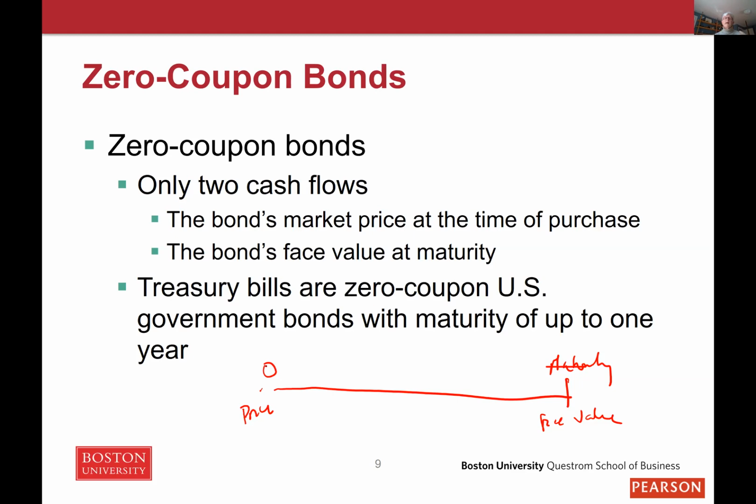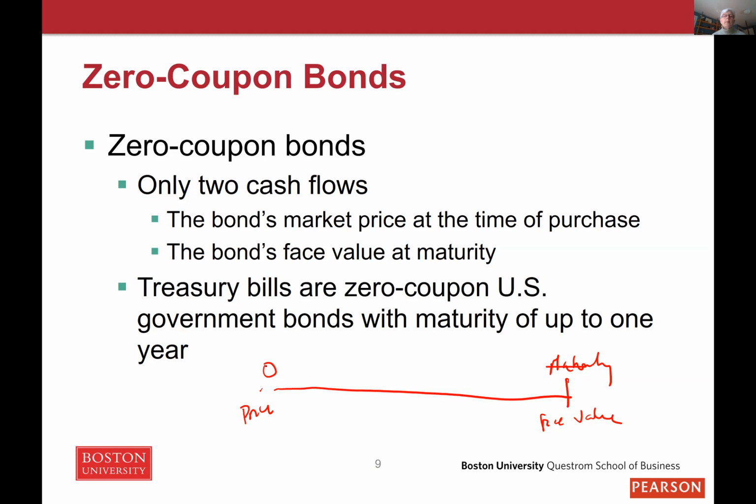What we'll talk about at the end of the day on Thursday is corporate bonds where there's some risk that they won't be paid. So then you pay a premium, what we call a credit spread, on top of the default-free rate. But learning about the basics of bonds, everything we're going to do up until the end of the day on Thursday is looking at what we call default-free yields.